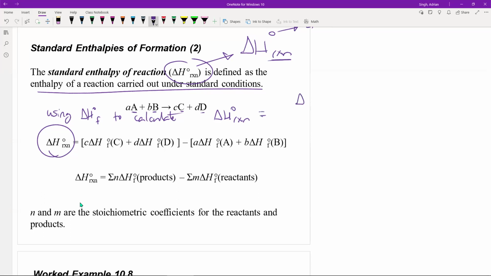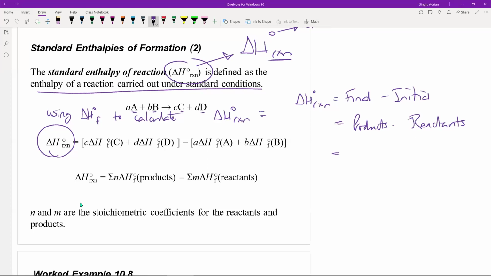We're looking at delta H for the reaction. It would be products, final minus initial. Okay, and in a reaction, again, the final things are the products. Those are the things that we end up with. Then the initial things are the reactants. Those are the things that we start with.